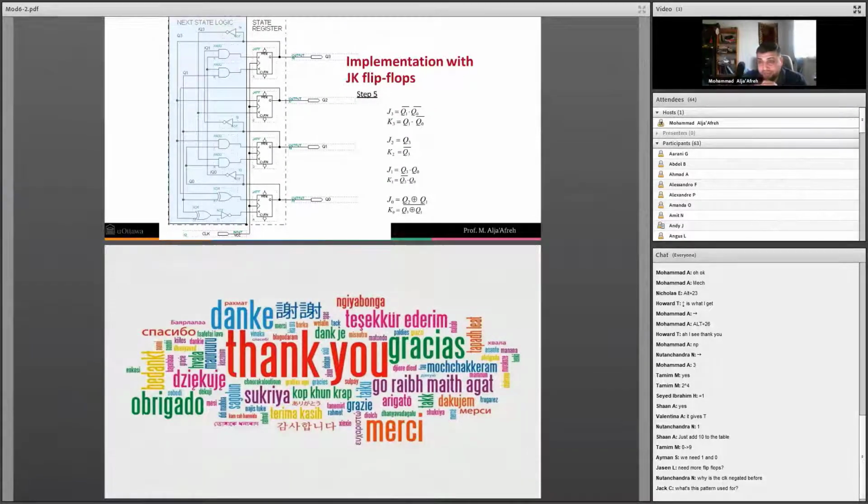I hope you understood, and don't be scared of sequential circuits. It's nothing except a combinational circuit, but instead of considering just inputs, at this stage we have a present state and the next state. Then at the second stage, we are doing the same thing. So that's it.